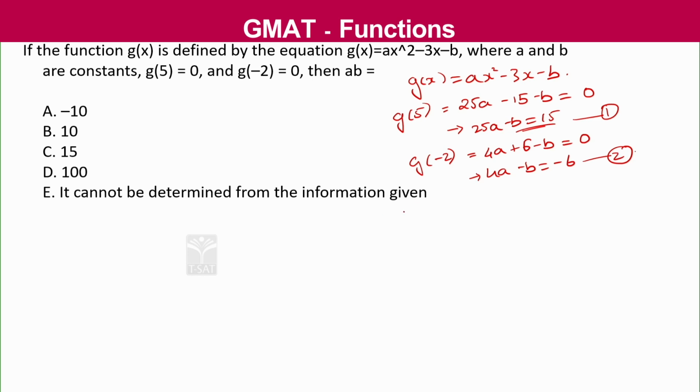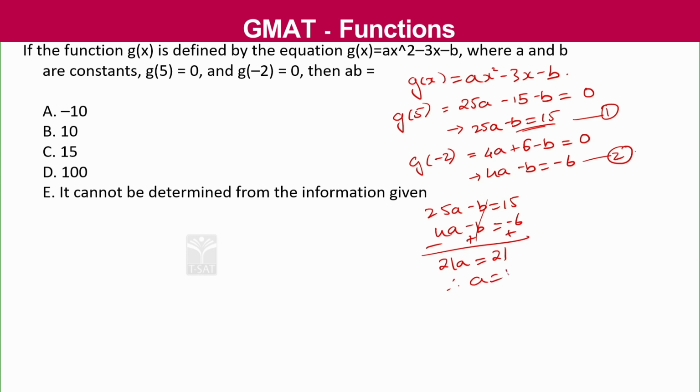So what you can do is subtract 25a minus b is equal to 15, 4a minus b is equal to minus 6. By subtracting, you will get 25 minus 4 will be 21a, minus b plus b gets cancelled out, is equal to 15 plus 6 will be again 21.